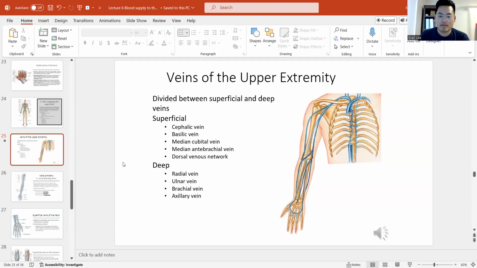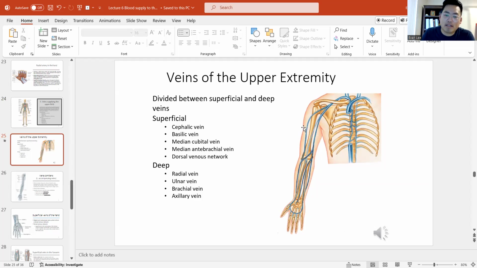So let's get started by going over a brief overview of some of these veins. I won't go over all of them, but if you look at the upper extremity here, you can see that you have two colors of veins. It's all blue, but some of these veins, on the far sides and on top of the bones, are the superficial veins.